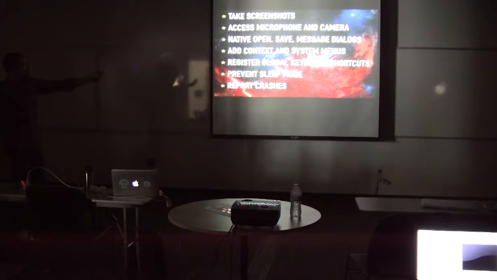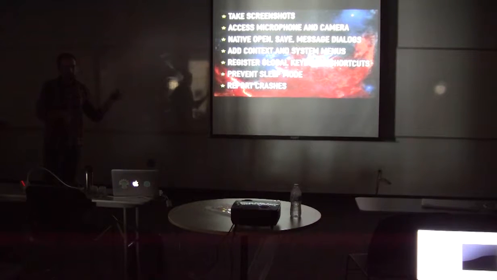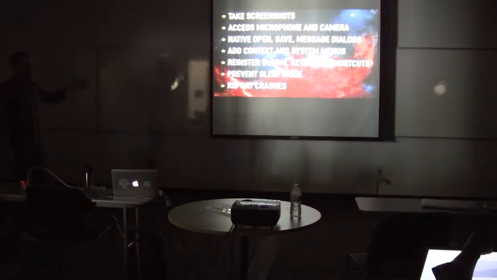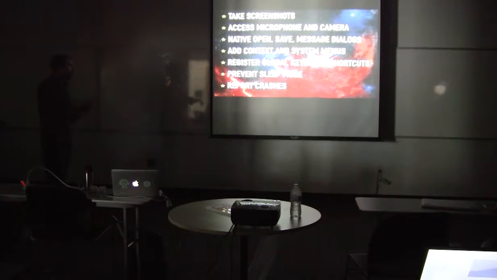You can also register global keyboard shortcuts. Say I wanted that status bar widget to show when the person presses Command-Shift-Alt-S. I could tell Electron that even when my app is in the background, if the user runs this keyboard shortcut, send me an event that I'll then tell my app to show. So you can make your apps really quick to launch. If they're little utilities, you can do that all using the global shortcut API. You can also prevent your computer from going to sleep.